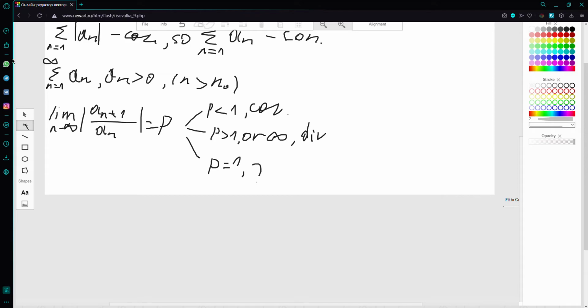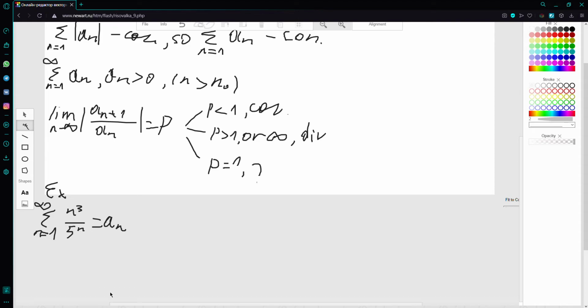So let's take an example. The series for n equal to 1, let's take n cubed divided by 5^n, and call it a_n.